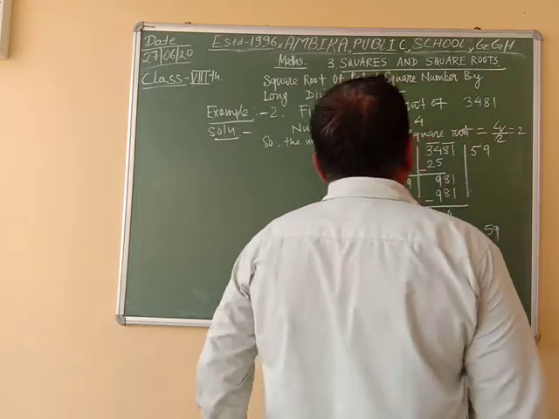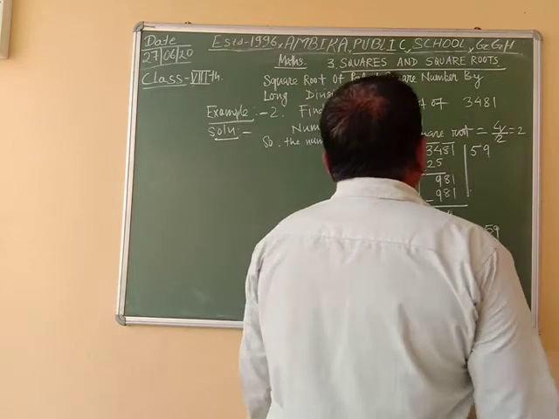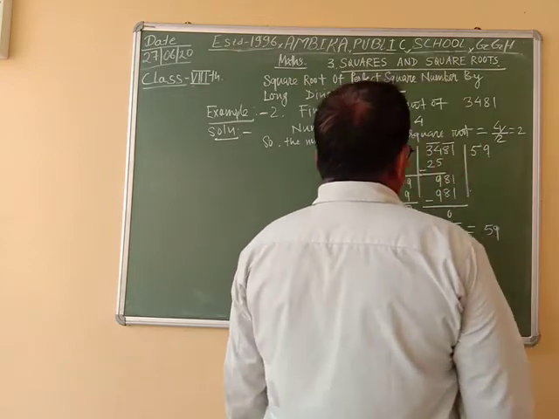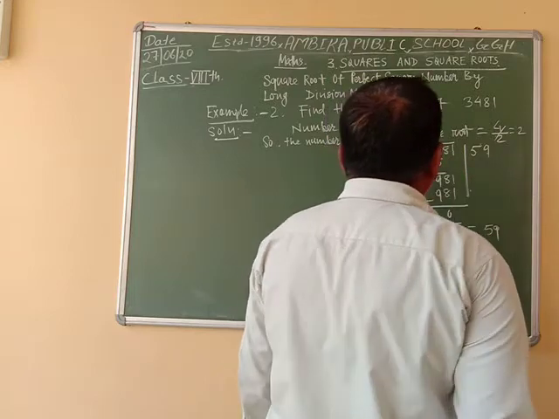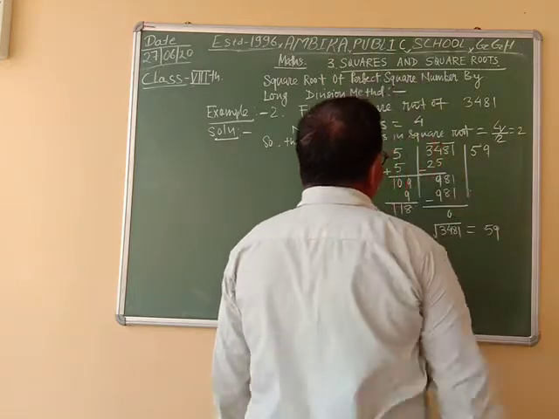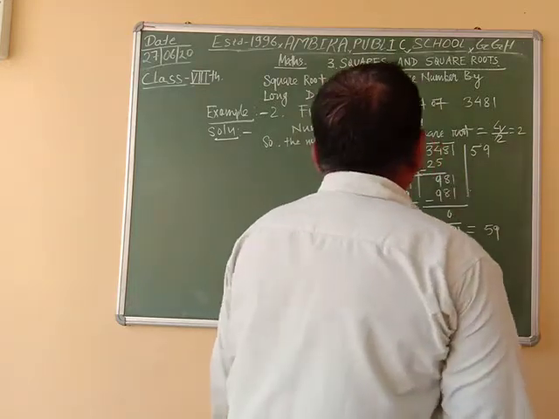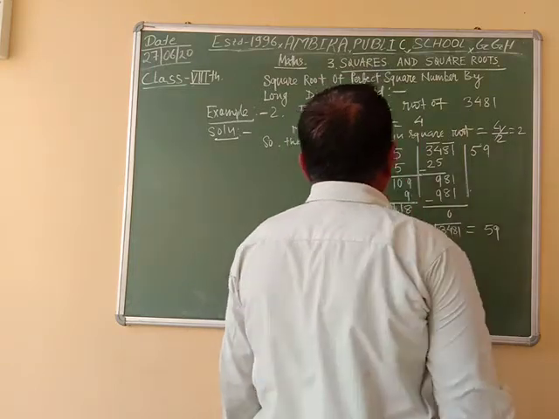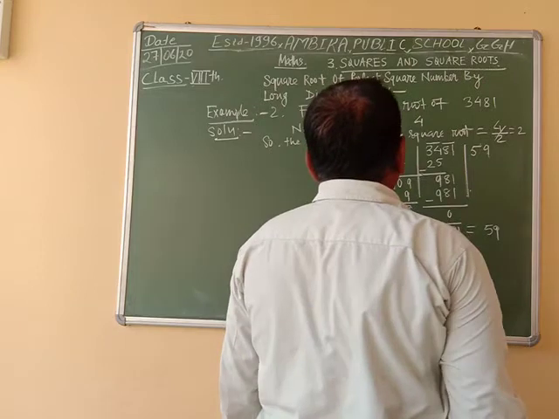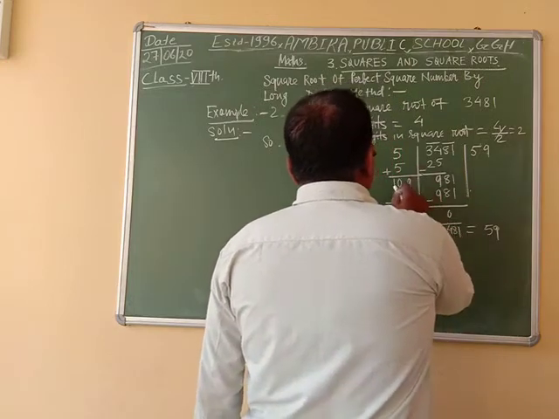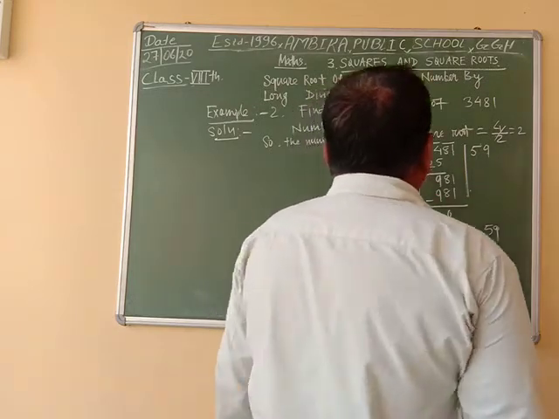So we write the product below the number 34 and subtract. After subtracting, we get 9, and in left side we add 5. Thus 10 is obtained.